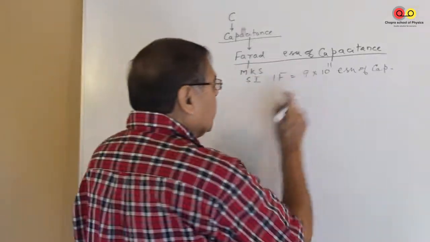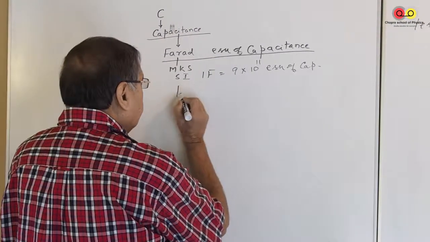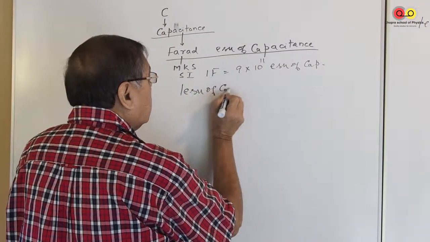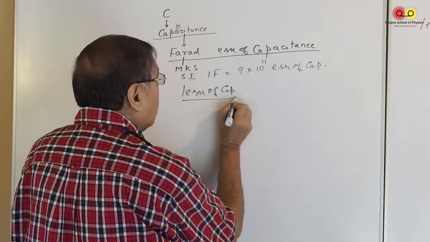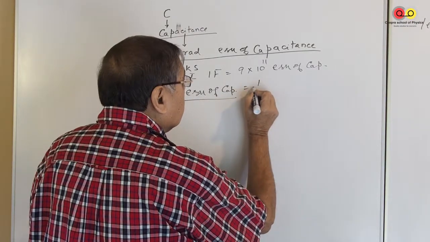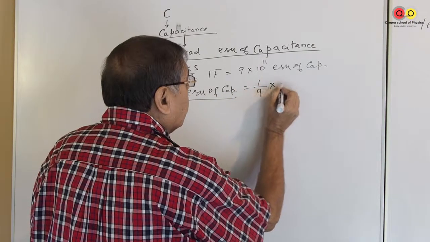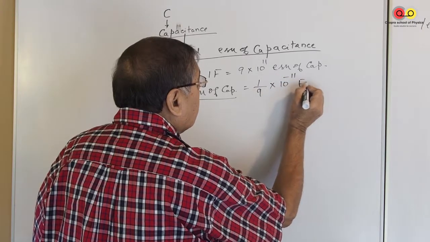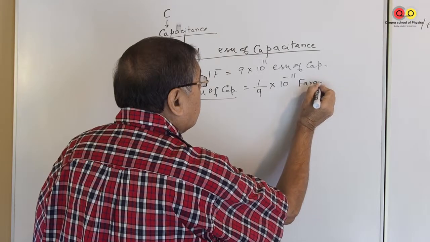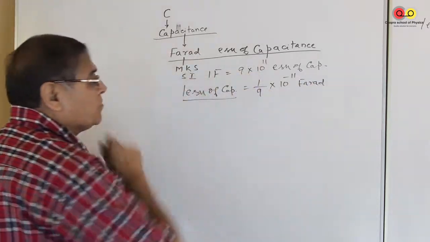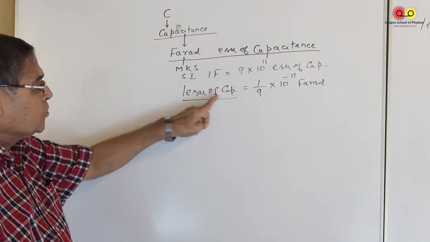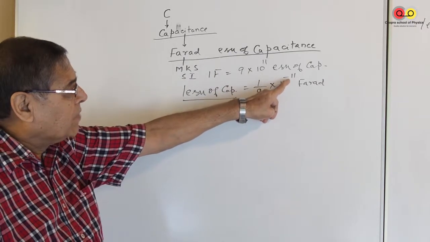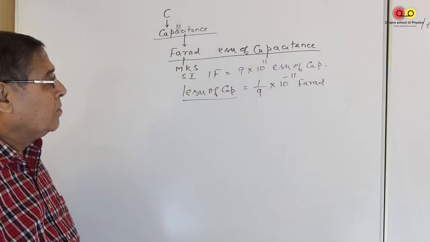So here, 1 ESU of capacitance will be equal to 1 over 9 into 10 to the power 11 farad. So we have taken the inverse function.